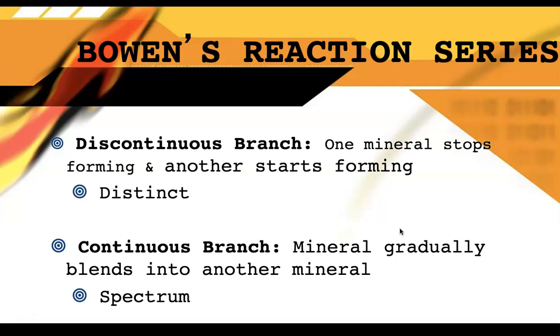I don't want to say the one that's going to make the most sense, but the one that's easiest to explain is the discontinuous, because it has unique, distinct stopping points and mineral names in it that you recognize. The continuous branch is that spectrum I was talking about earlier, that swatch across the center.